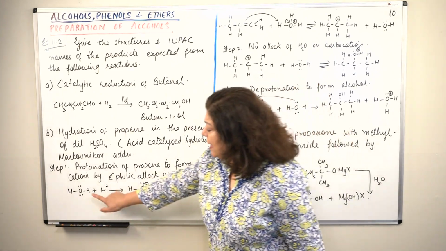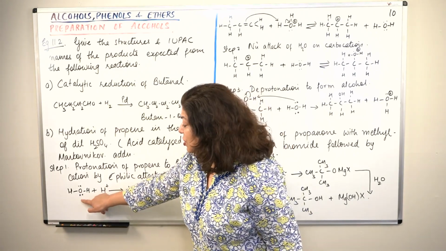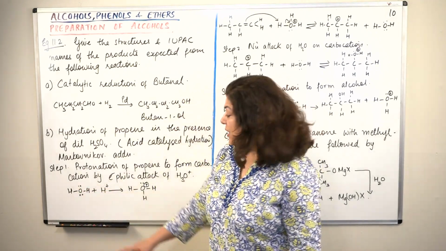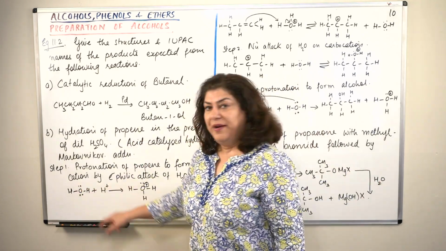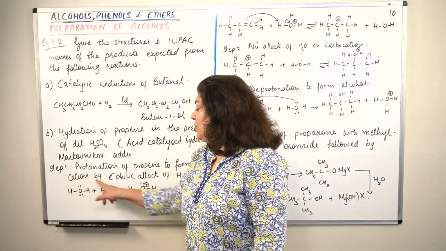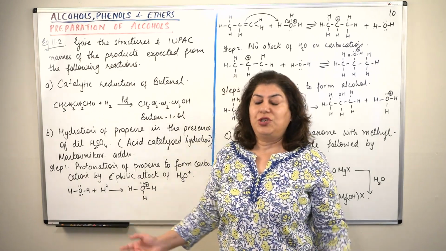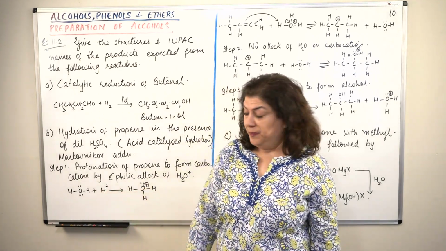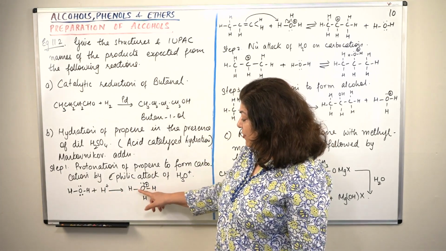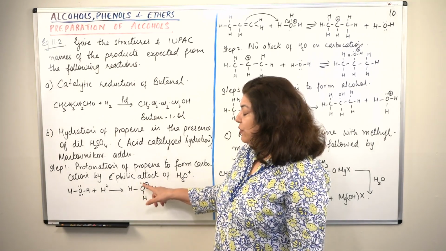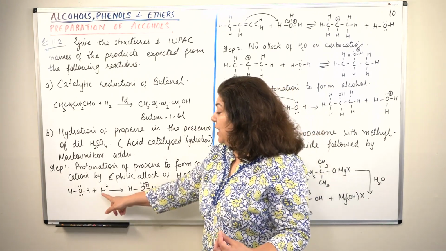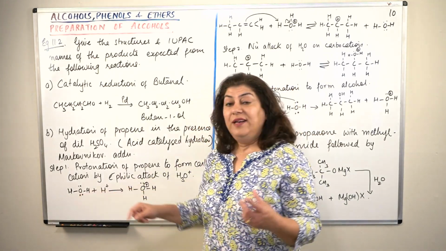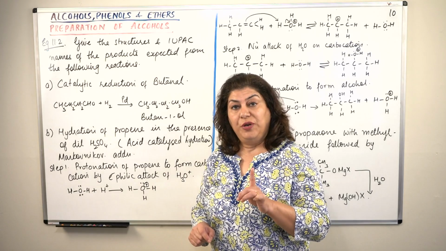What is happening? In the water molecule, oxygen has two lone pairs of electrons. H positive has positive charge. So one of the lone pairs is given by oxygen to form a covalent, or we call it a coordinate bond, with hydrogen. Now oxygen is left with only one lone pair, and in a covalent bond, both oxygen and hydrogen should have contributed one electron each.